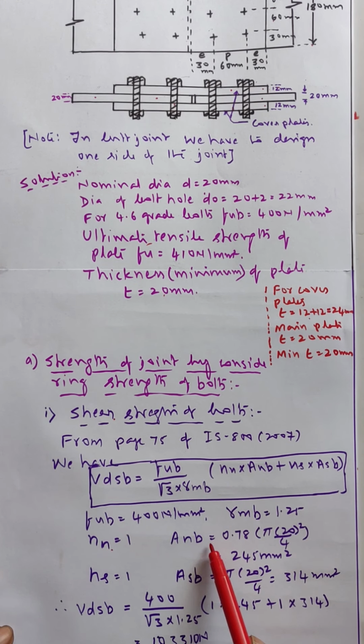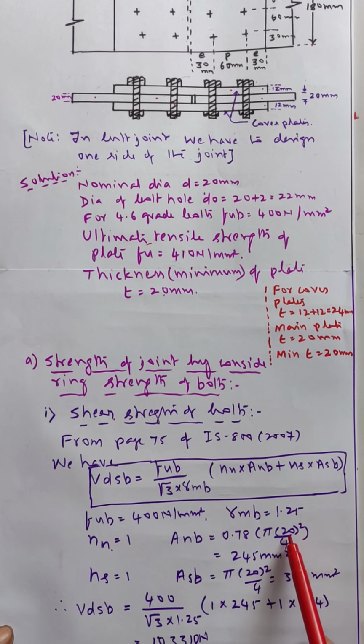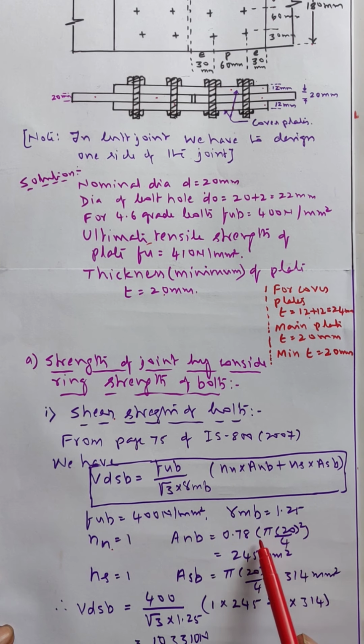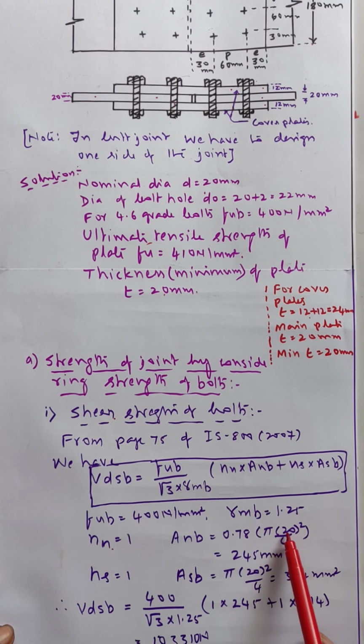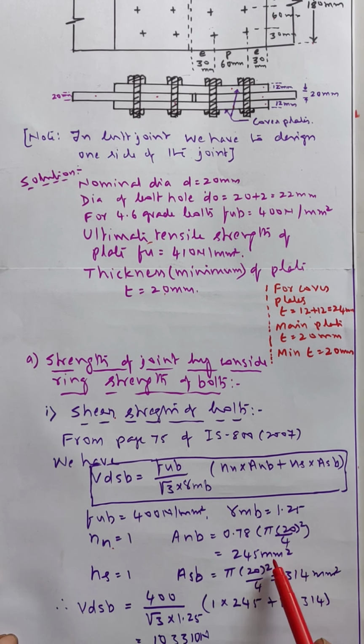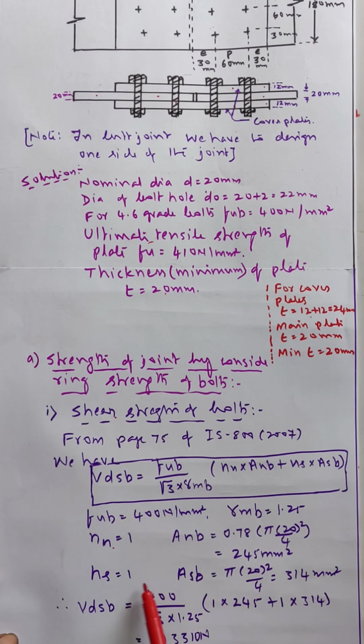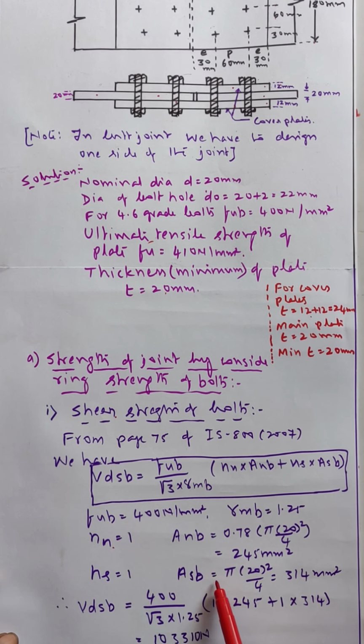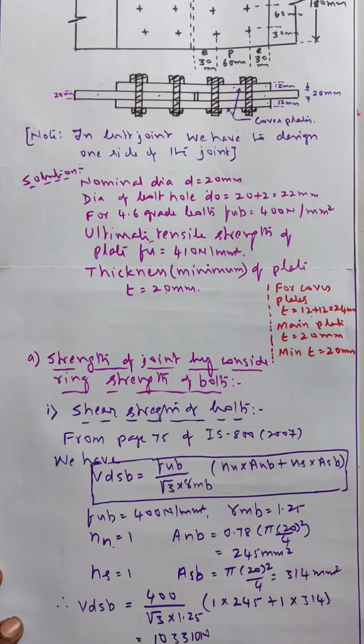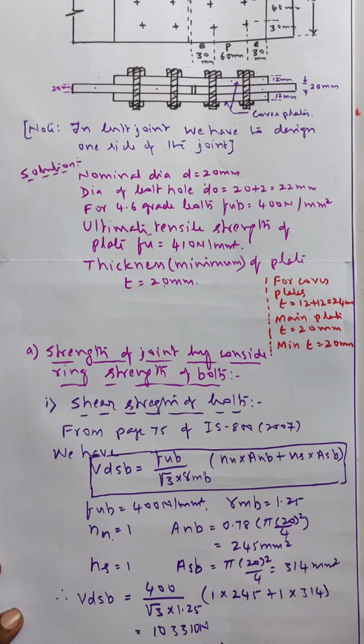Net area at the root thread is 0.78 times the nominal area of the nominal diameter of the bolt. Therefore 0.78 into pi into 20 square by 4, it is 245 millimeter square. Then NS equal to 1. ASB equals pi into 20 square by 4, it comes 314 millimeter square.